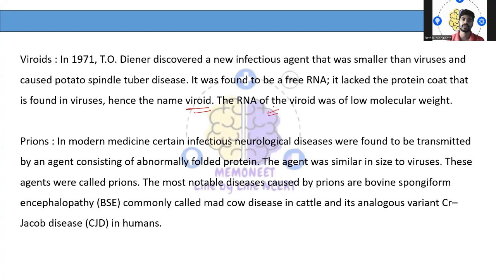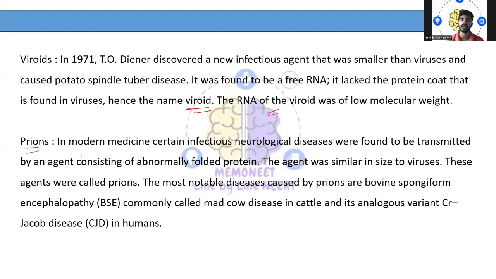The next one is the prions. Coming to the prions, in modern medicine, certain infections related to neurological diseases were found, where the transmission of certain causing agents was because of abnormally folded proteins. These prions are even way smaller than viruses and viroids.